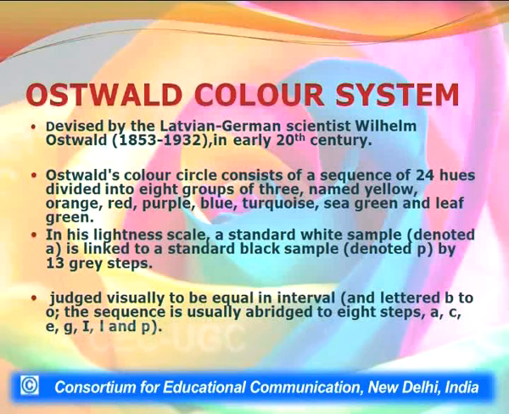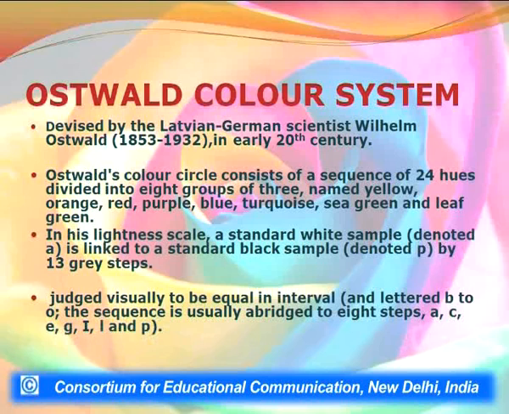Ostwald's color circle consists of a sequence of 24 hues divided into 8 groups of 3 named yellow, orange, red, purple, blue, turquoise, sea green and leaf green. So these are 8 colors in 3 hues, so 24 in total.